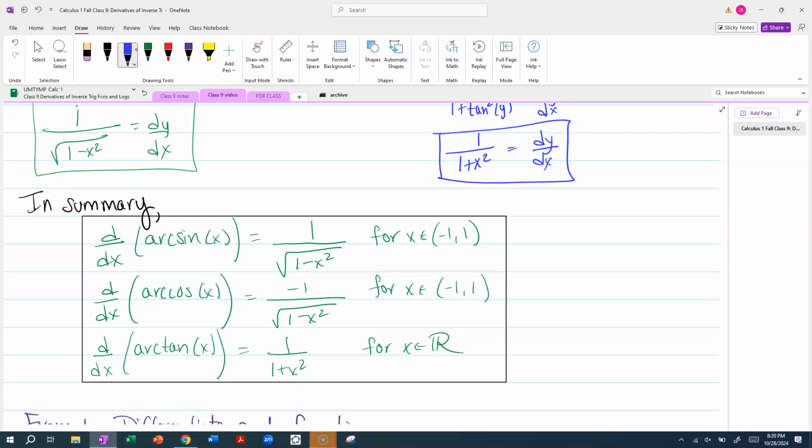So just bear in mind that these are the ranges shown for the original function. The domain for the original functions are still restricted. Get these in your notes wherever you have all the other derivatives, and then we're going to use these in some examples coming up.